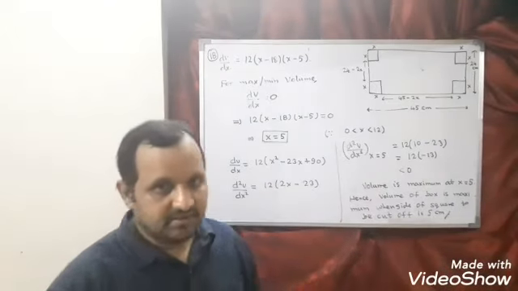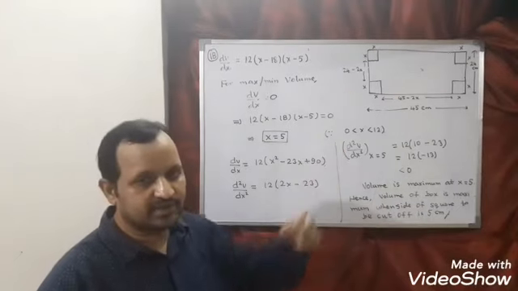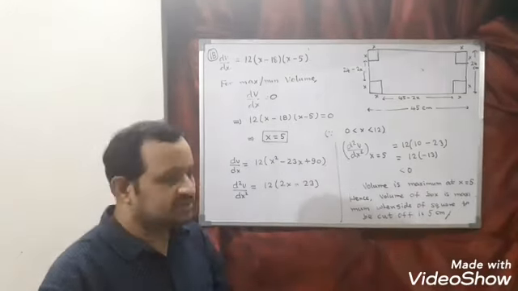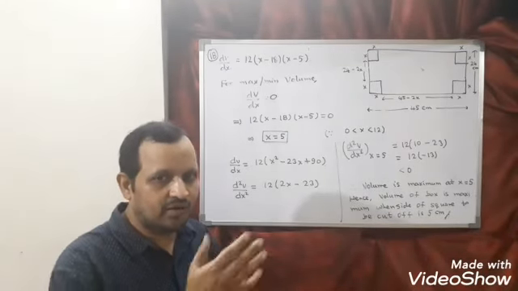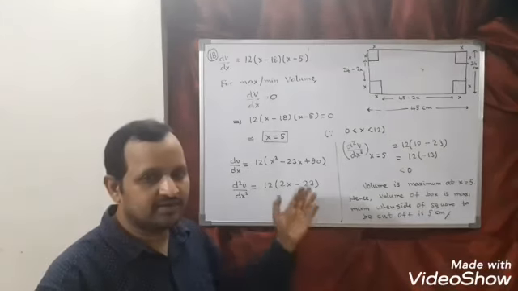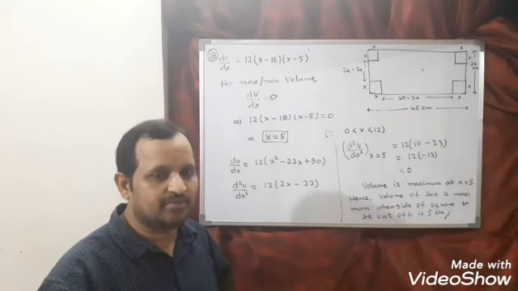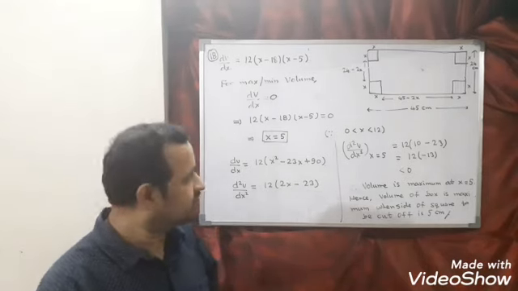So if you see the last two questions, they are almost the same. In the first question, a square is given, and in the second question, a rectangle is given. So how to solve geometrical problems is, first you have to find volume. Next you have to find dV by dx. Next, for maximum or minimum volume, dV by dx should be equal to 0.